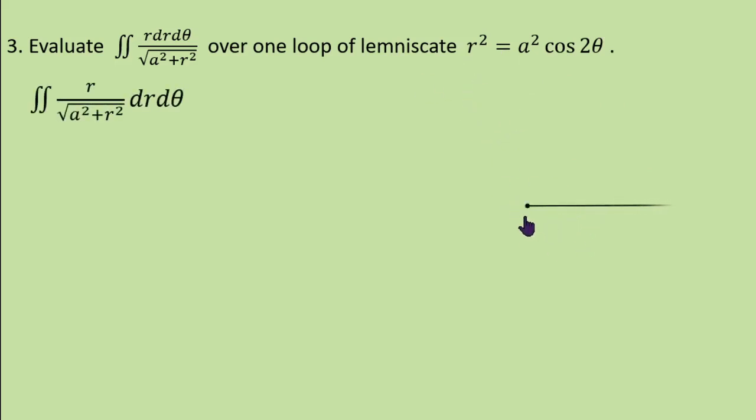Now the question is pole and initial line. When theta is 0, cos 0 is 1, r square is a square, means r is plus or minus a. It may be a or minus a. And when theta is pi by 4, this is the angle pi by 4, 2 times pi by 4 is pi by 2.